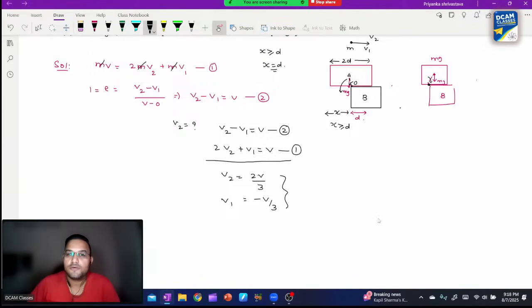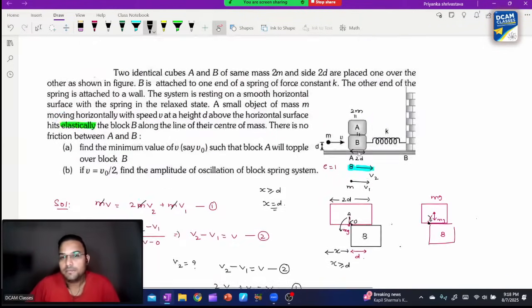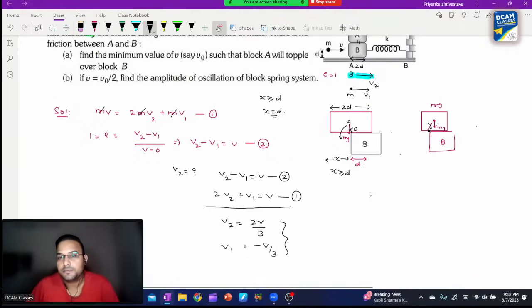Now let's solve it further. After the collision, B has got the velocity v2 equal to 2v by 3. Now this will move up to the distance d, so that A will topple then.